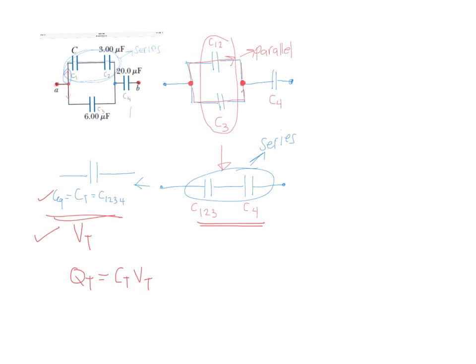Notice that C123 and C4 are actually connected in series. This means that the total charge would just be equal to the charge in 1,2,3, and that is also equal to the charge Q4.